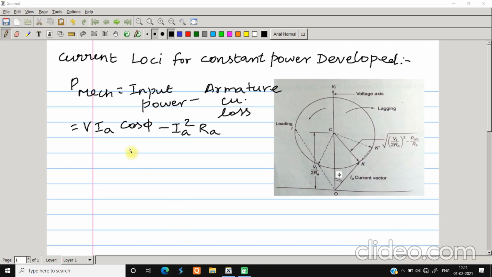That can be given for the synchronous motor as shown here: V into Ia cos phi minus Ia square Ra.